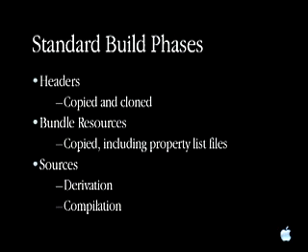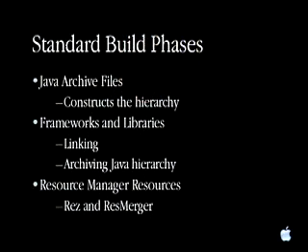The sources phase is where the bulk of the work happens. This is where new sources are derived from given source derivation, and all your sources that are already present and the derived sources actually get compiled and put in order. Then during the Java archive phase, a hierarchy is constructed, which has all of your compiled class files as well as extra resources that need to be in any Java archives that get constructed.